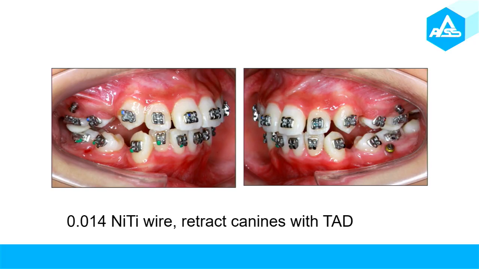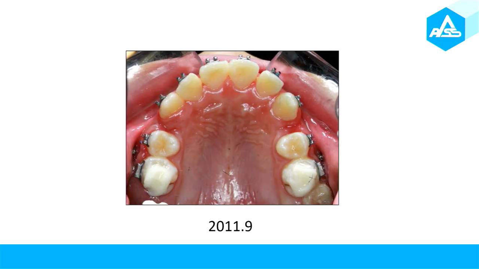The first wire is a 014 tie wire, and we retracted canines with TAD, not with the first molar. After 2 months, you see we relieved anterior crowding.